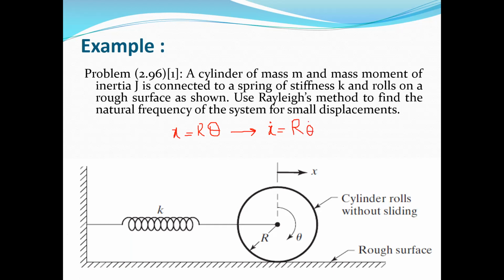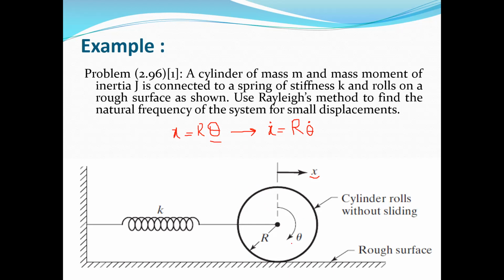So the first point is that this system is a single degree of freedom system because x is not an independent parameter. In fact, x is a function of theta. So we can define the displacement or the position of each point of this system using one parameter, which here is theta.